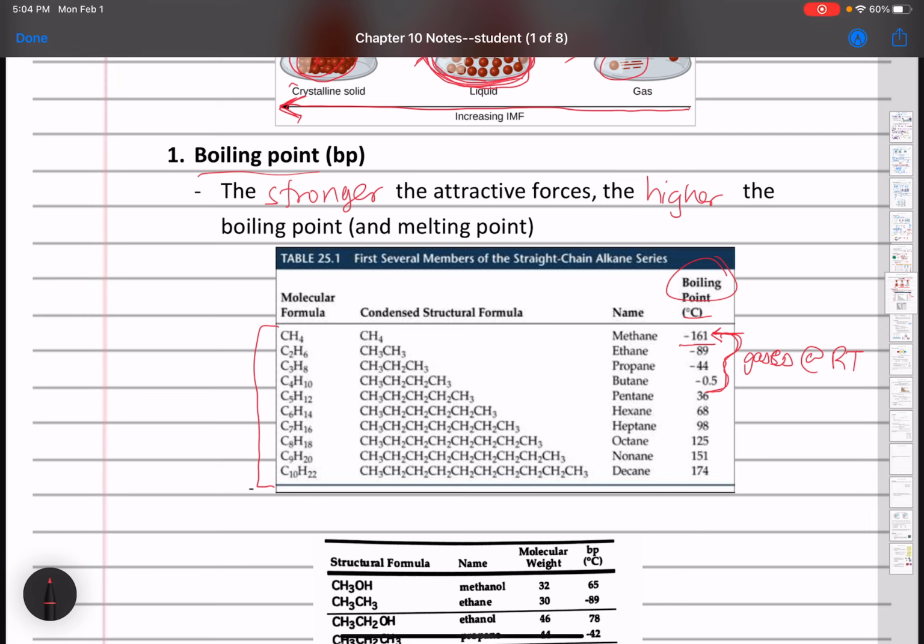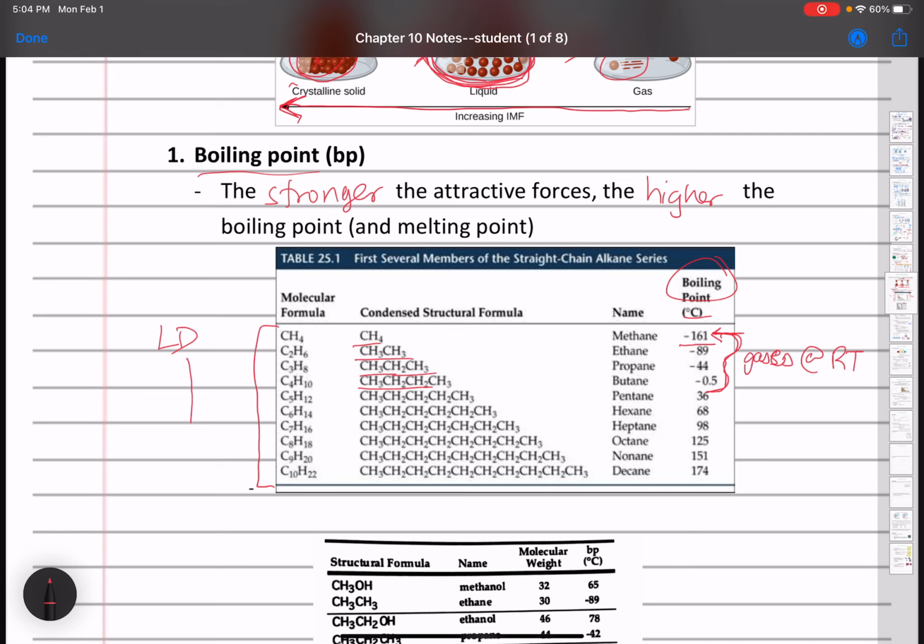That's because these are nonpolar molecules. They're all carbons and hydrogens. So the only intermolecular force they have that holds them together is London dispersion forces. London dispersion forces are very weak, especially in small molecules.